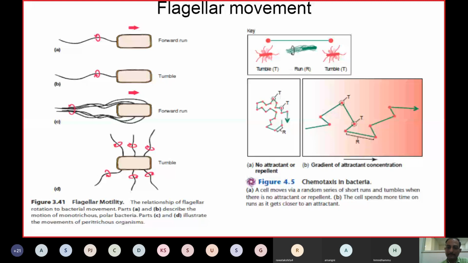So here glucose is attractant. In the other case, if it moves away from the chemical substances, then that chemical substance is said to be repellent. Right? So this is bacterial movement towards chemical substances. This is the pattern of how the bacteria moves with the help of flagella if the chemical substance is an attractant.